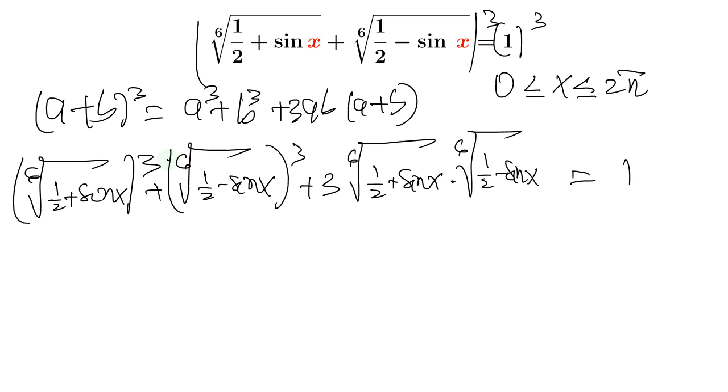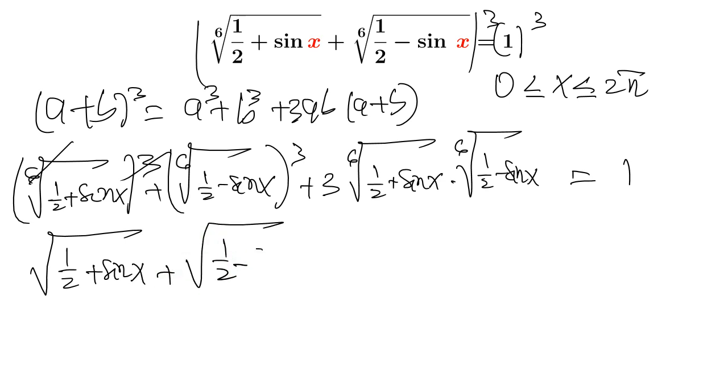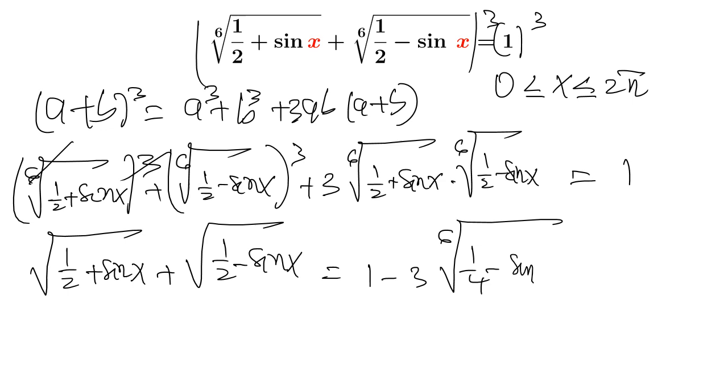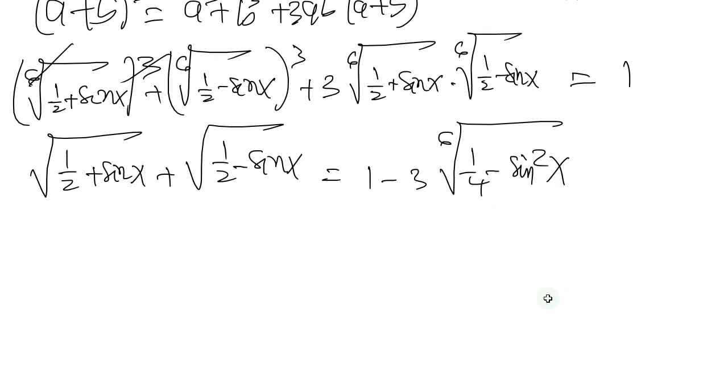Simplifying, we will have the square root of 1/2 plus sine x plus the square root of 1/2 minus sine x, and then this one I'm going to send to the right side of the equation: 1 minus 3, and I'm just going to write the product as 1/4 minus sine square x. Cool. Now I'm going to take both sides of the equation to the power of 2.